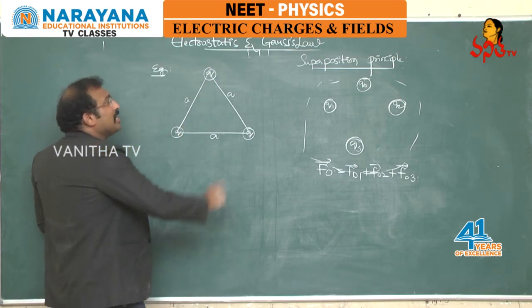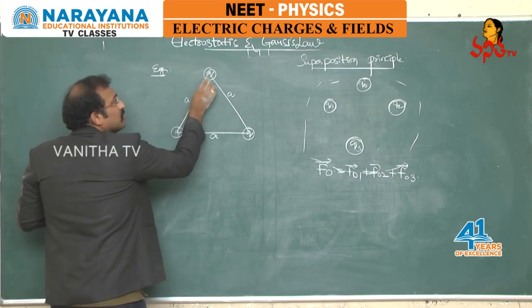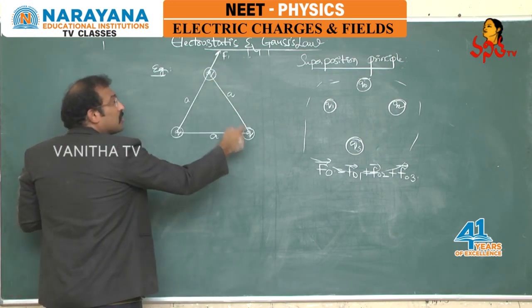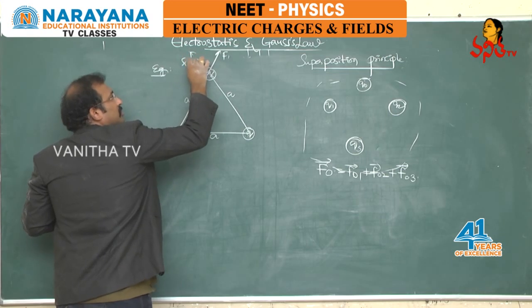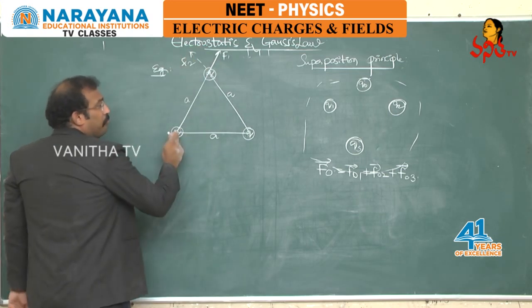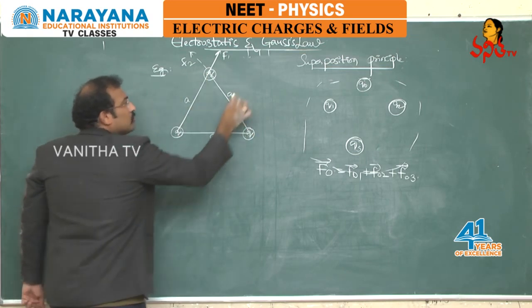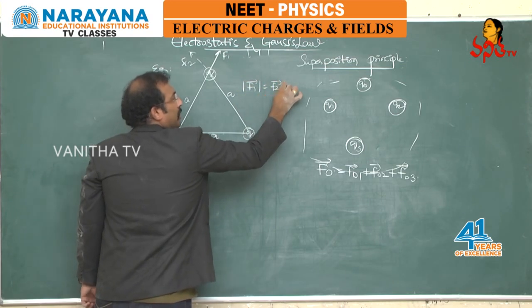Let us see, I am calculating the force on this charge. The force due to this charge is in this direction. Let this be force F1. And the force on this charge due to this one is in this direction. This is F2. Magnitude wise, these two forces are equal. So F1 bar is equal to F2 bar.